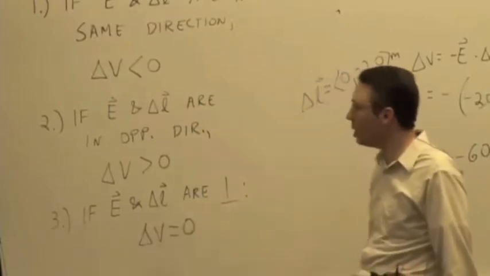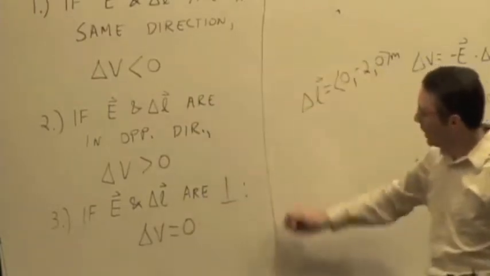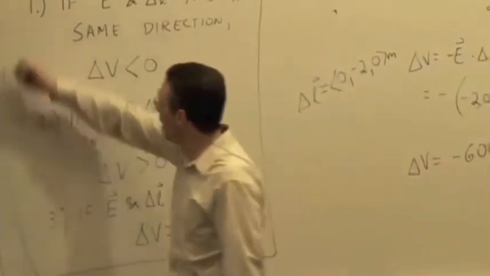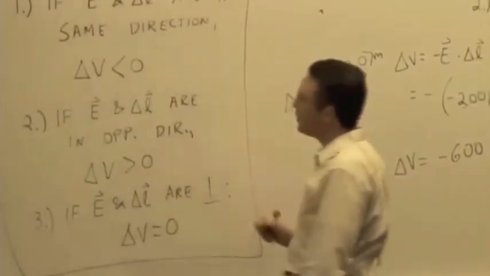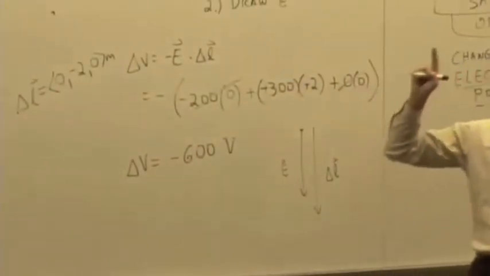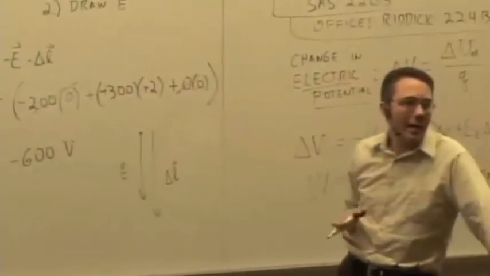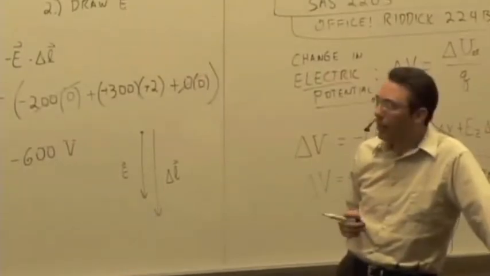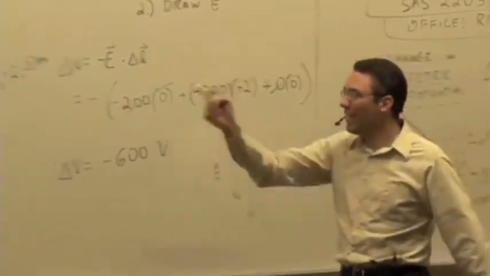So it's very easy to get the signs confused when you're doing the calculations. If you keep these rules in mind, it can help you check your work. Now, what is the significance of this?